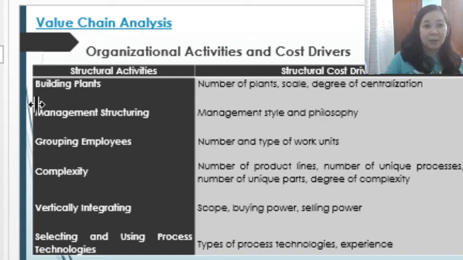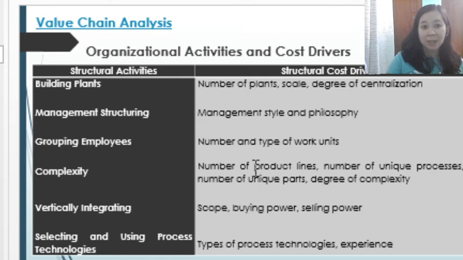For example, building plants. What causes the cost for this activity? It depends on the number of plants, the scale, and the degree of centralization that they want to implement. What about management structuring? Of course, it depends on the management style and philosophy.